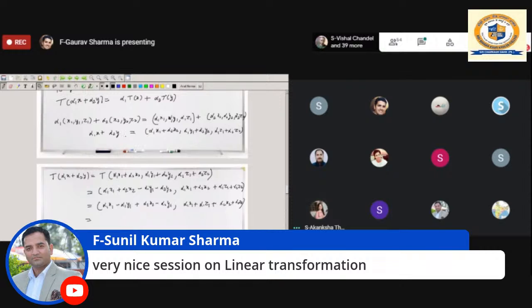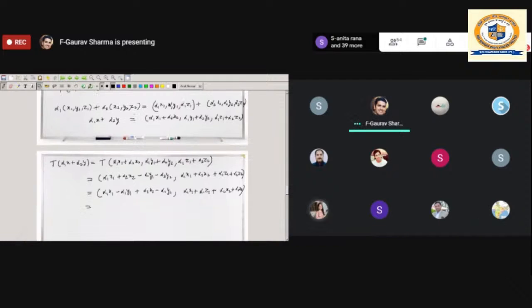Yes, Akanksha. Keep this in mind: we want to separate all the alpha 1 terms and all the alpha 2 terms. So, bracket start, alpha 1 x1 minus alpha 1 y1, comma, alpha 1 x1 plus alpha 1 z1.